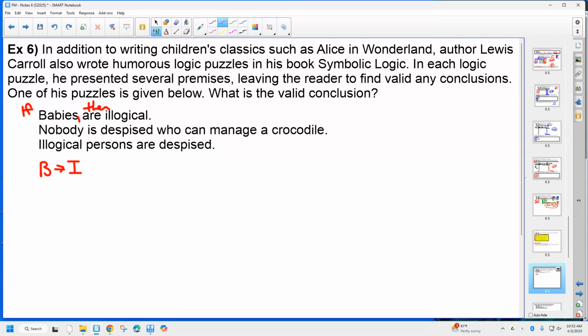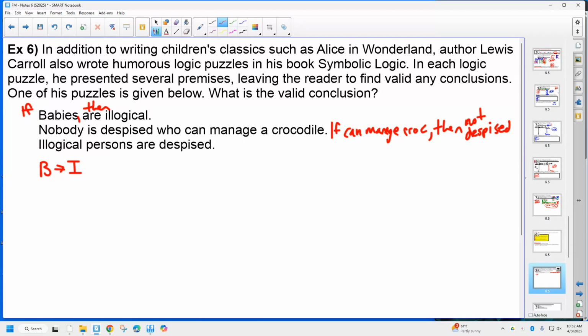So again, it's probably easier if you say if can manage a crocodile, then not despised. That means the same thing.